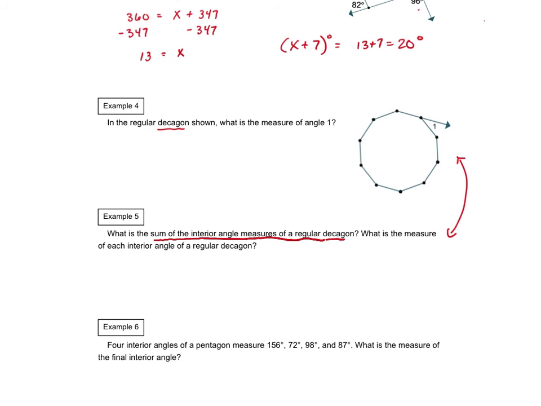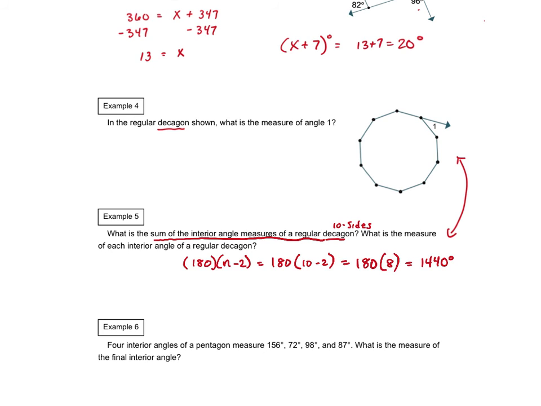Well, we know that it's going to be 10 sides. We'll start there, and I have the sum is going to be 180 degrees times n minus 2, which is 180 degrees times 10 sides minus 2, which is 180 degrees times 8, which we find out is going to be 1,440 degrees.